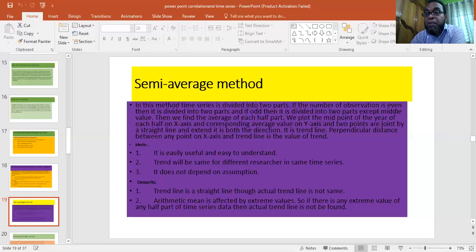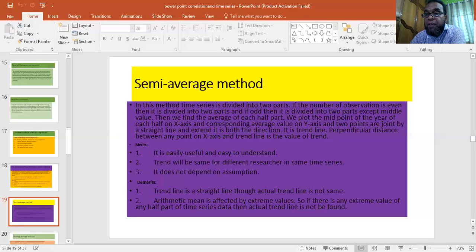So in this method, you first have to identify how many numbers are given, whether odd or even. If odd, then you exclude the middle one and get the average of the first half and the last half, and you put the average value corresponding to the middle year.